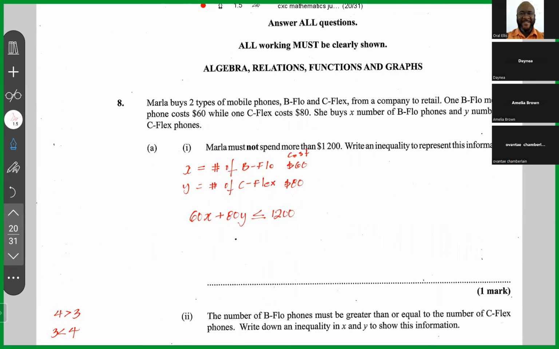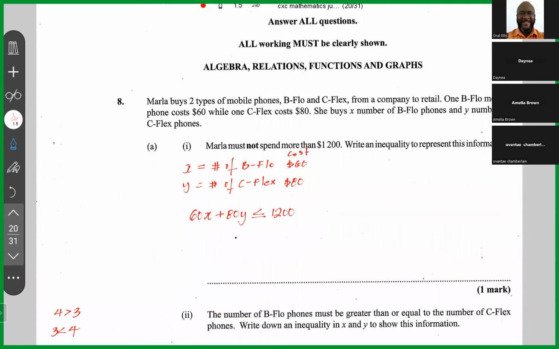Now, let's look at the first inequality. If you're going to represent the inequality 60x plus 80y is less than or equal to 1,200, you must first draw the line 60x plus 80y is equal to 1,200.